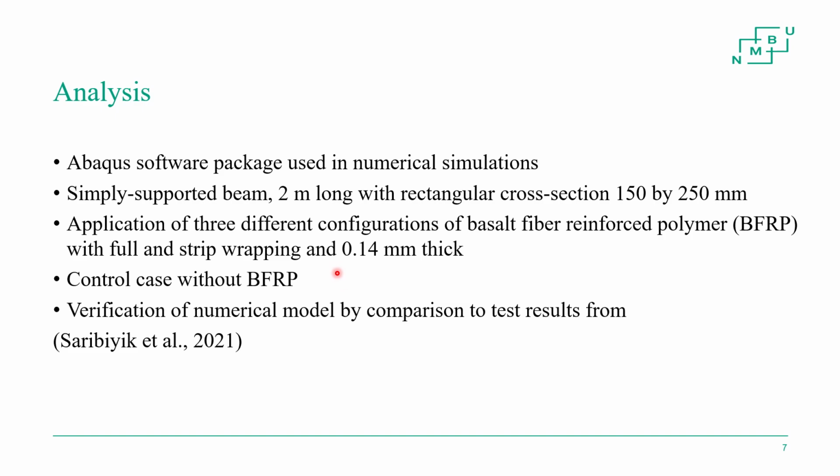We have a control case of the beam without using BFRP, and for the numerical models, in order to verify the models, we used the experimental results from Seismic et al., which is a paper that was published in 2021.